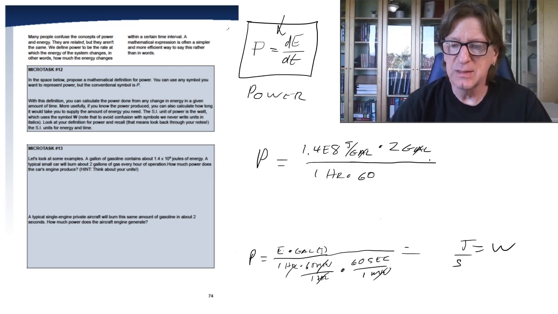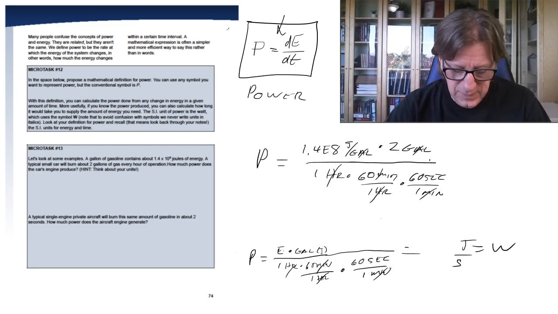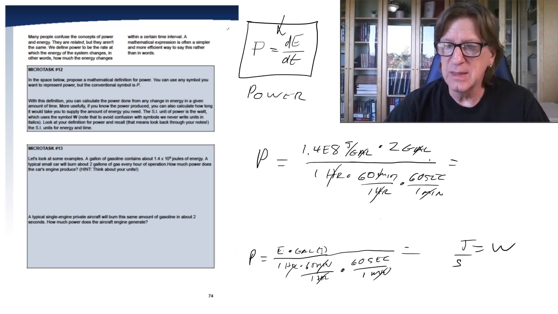And we decided that that is 60 minutes in 1 hour and 60 seconds in 1 minute. So those cancel, those cancel. And so now all I have to do is multiply everything in the top, divide by everything in the bottom, and I'm going to be done. If I do that, you're going to see that when I did this, I got 77,800 watts.